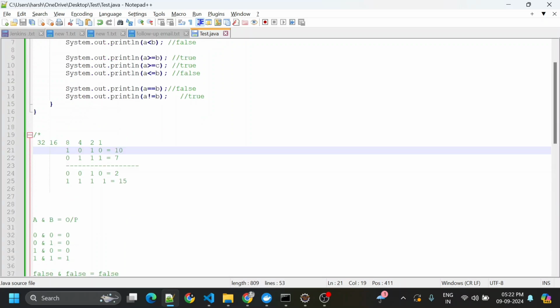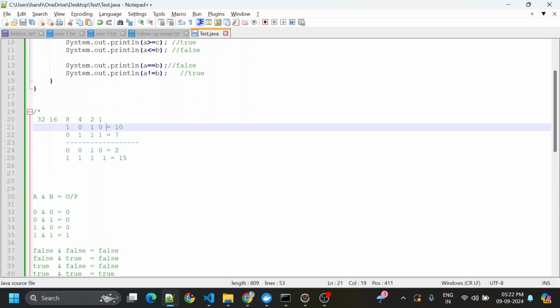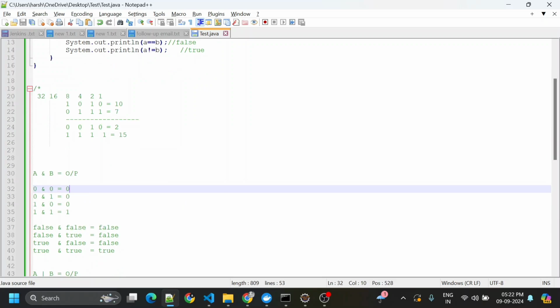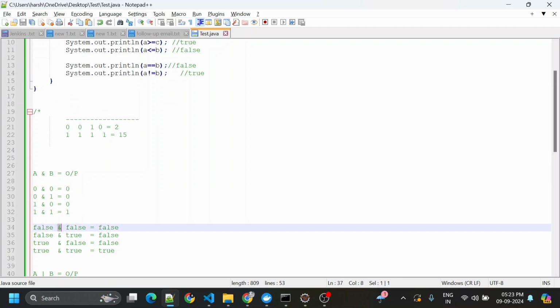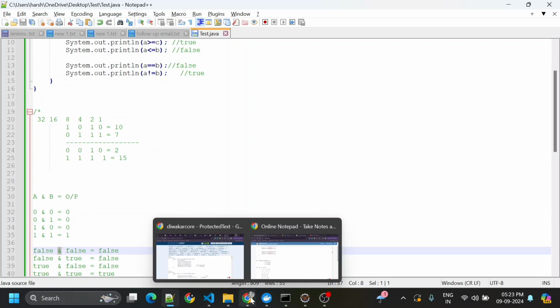And what will be the output if we do bitwise operations with two entities like 0 0 or 0 1, and why it is 0. We'll understand this as well. Similarly, we will understand false and false, why it is false with and, and what will happen if we put or instead of and, how the output is changing.